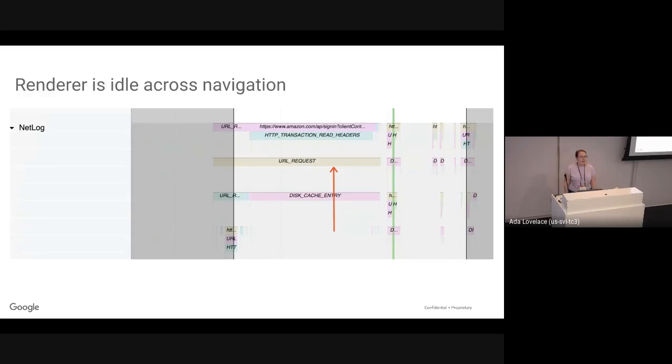We did follow up with some folks, but I don't think we ever really determined whether this was a bug or where the problem was happening, because it's really hard to replicate. This boundary says the start of the input latency event, and the URL request comes in before the input latency event starts.